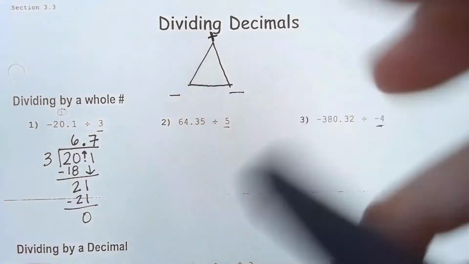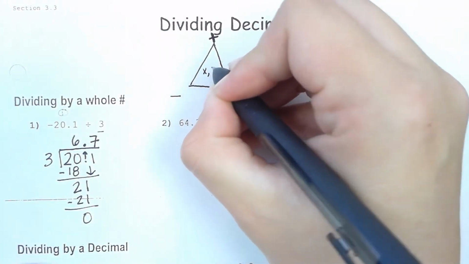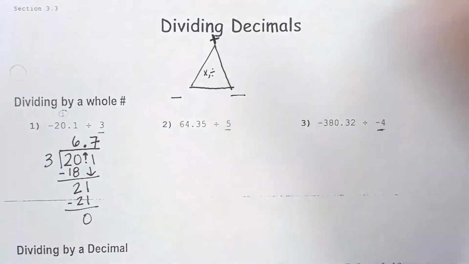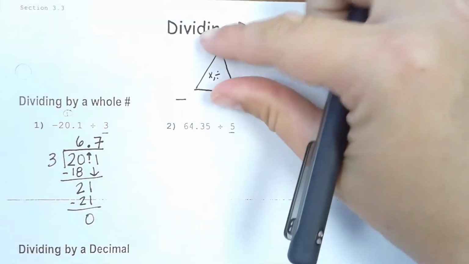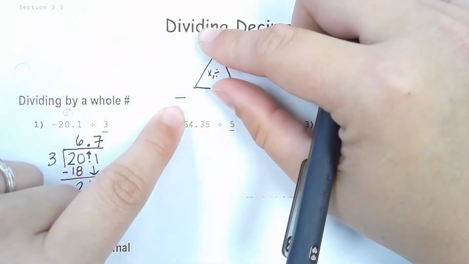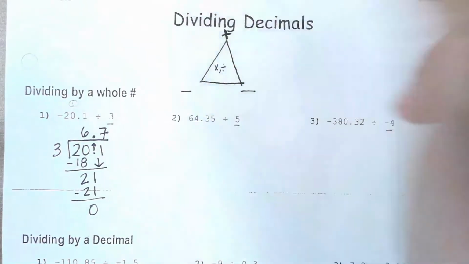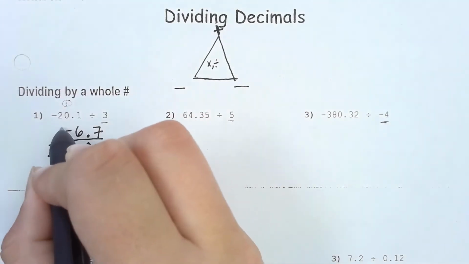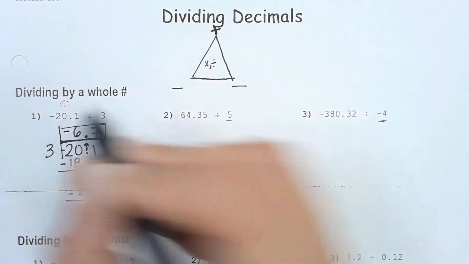This Christmas tree only works with multiplying and dividing numbers. When you take a negative divided by a positive, you cover up one negative, you cover up one positive, and whatever you have left is the sign of your answer. So in this case, a negative divided by a positive is a negative. Our answer here is negative 6.7.